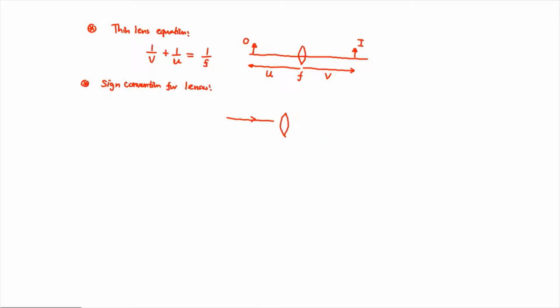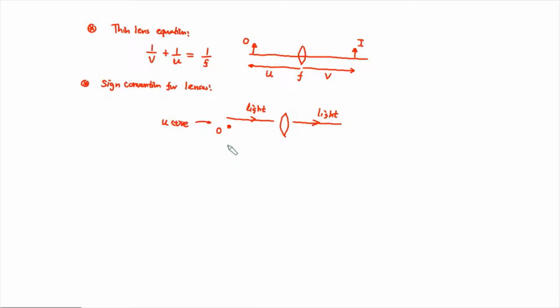That's the incident light, and this is the refracted light. This is the direction of light. Now, if light goes from left to right, and suppose the object is on this side, then we consider the object distance to be positive. So in this case, U is considered to be positive.